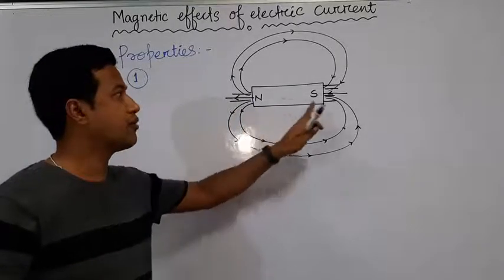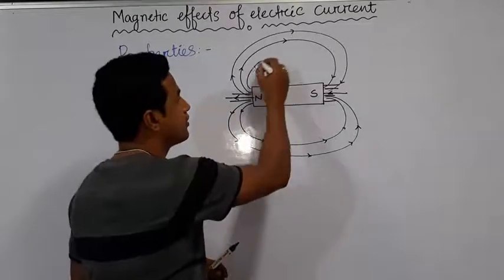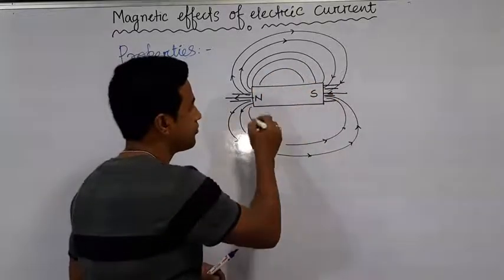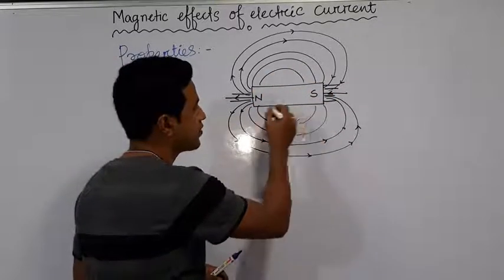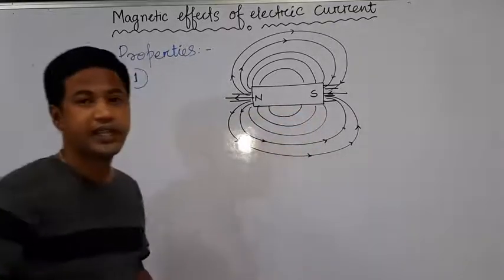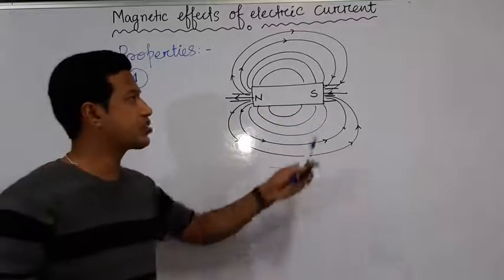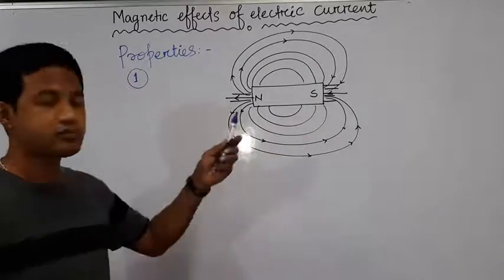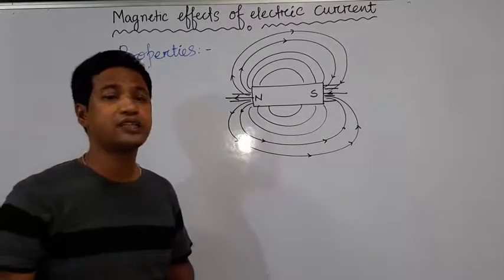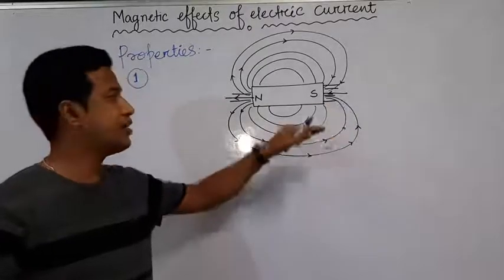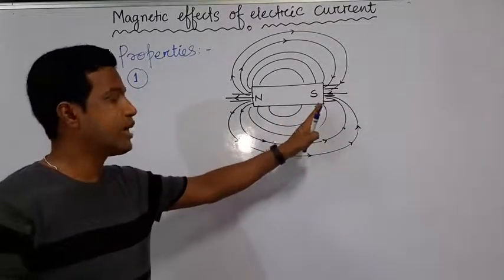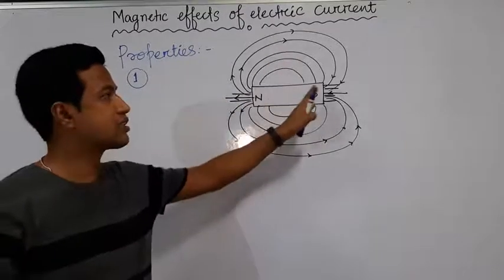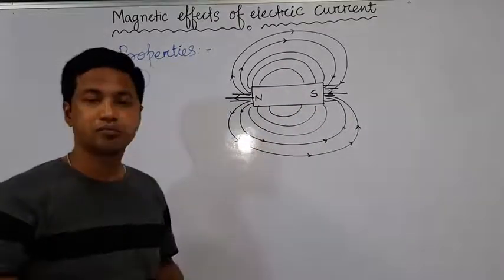As you go away from the poles, the distance between the magnetic lines is more, so the strength of the magnetic field is a little less compared to the poles. So the magnetic field is strong at the poles and weaker as it goes away from the poles.